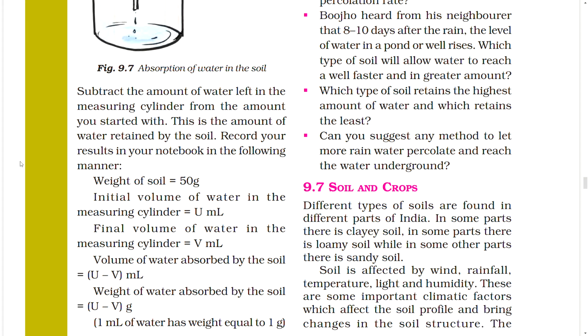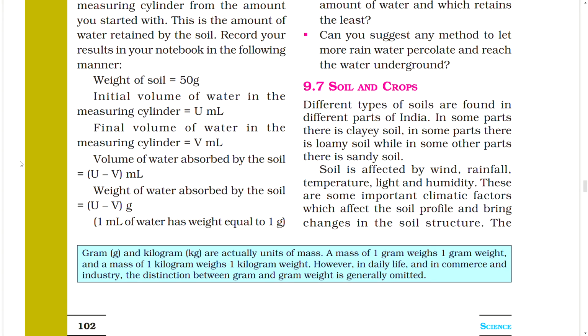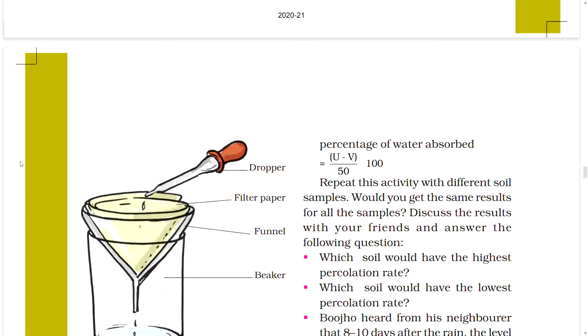Volume of water absorbed by the soil equals (U minus V) ml. Weight of water absorbed by the soil equals (U minus V) gram. 1 milliliter of water has a weight equal to 1 gram. Percentage of water absorbed equals (U minus V) divided by 50, multiplied by 100.